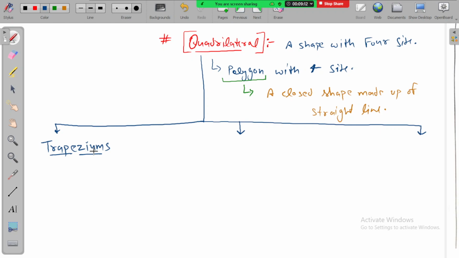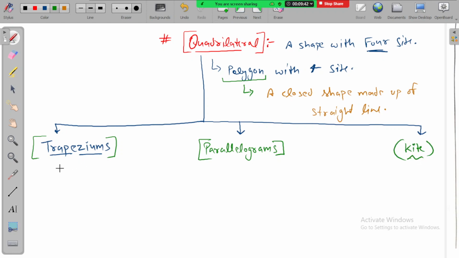You have four sides, and how you arrange these four sides differently gives you a new shape. The first special type of quadrilateral is a trapezium, the second is the parallelogram, and the third is a kite.